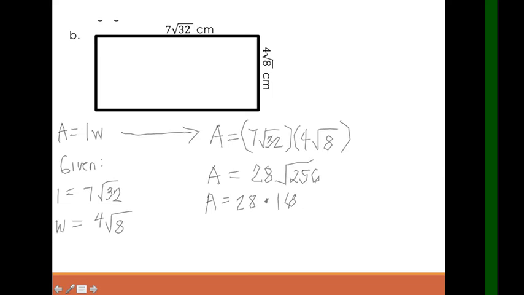And 16 times 28, okay, so we need to multiply now 16 times 28. What's your answer? 16 times 28. That's 400. Am I right? 16 times 28 is 448.